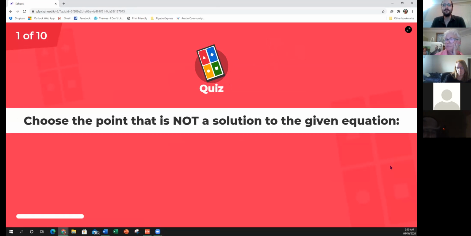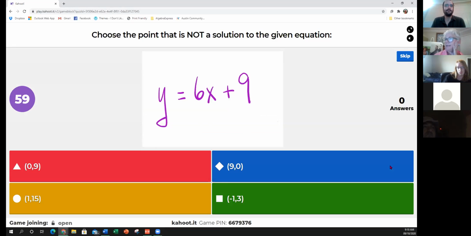Choose the point that is not a solution to this equation.